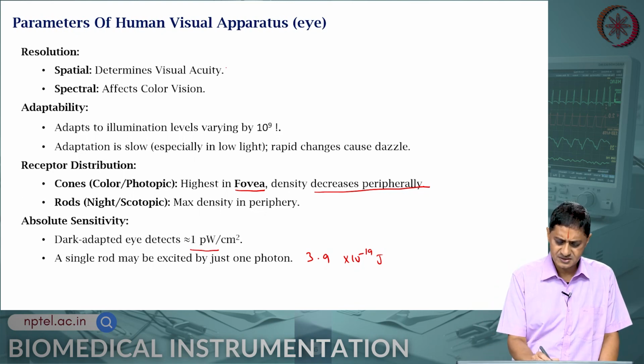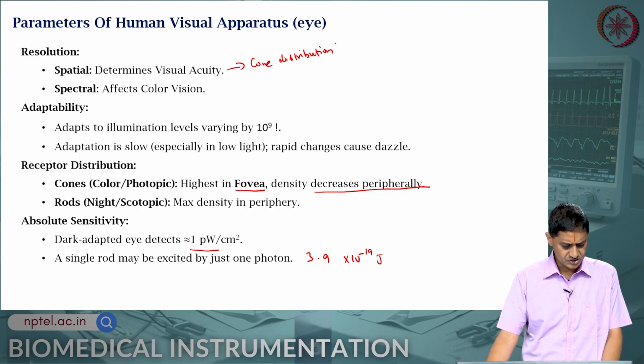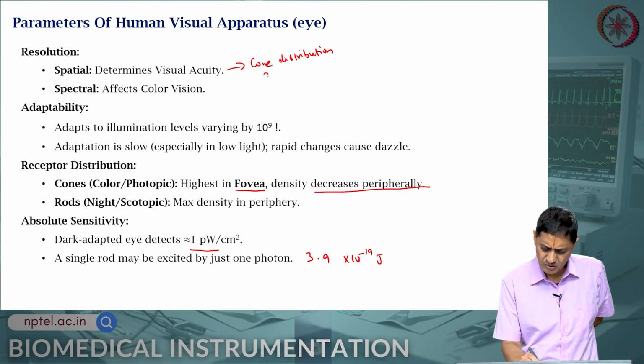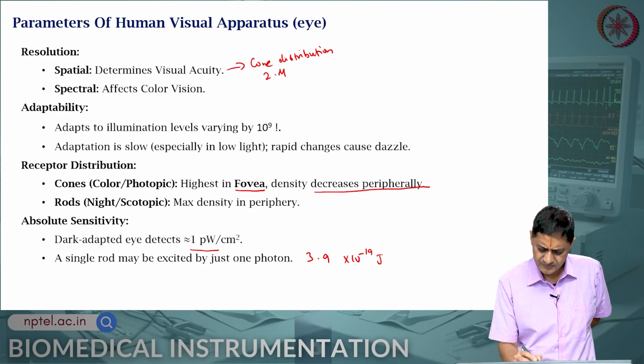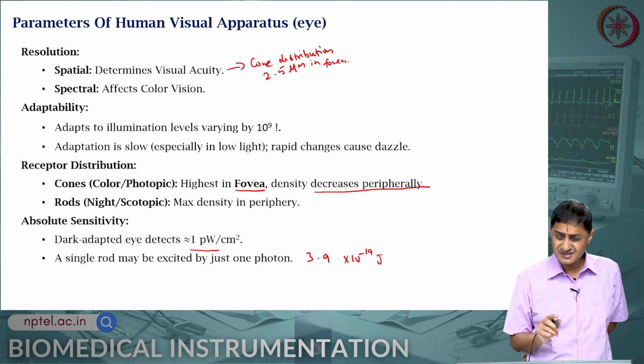Spatial resolution is affected by cone distribution, or cone spacing. It's about 2.5 microns in the fovea, whereas spectral resolution depends on the trichromatic vision.